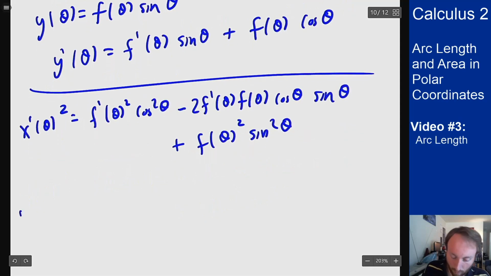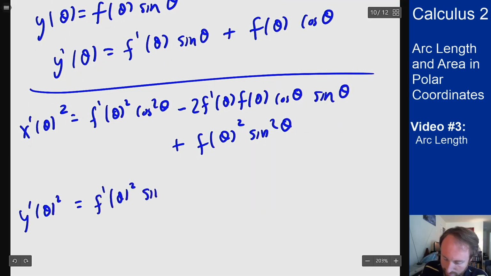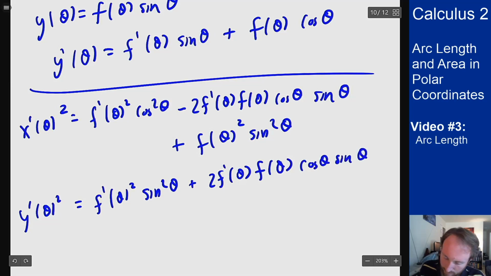We then have that y prime of theta squared is going to be f prime of theta squared sine squared of theta plus 2 f prime of theta f of theta cosine theta sine theta plus an f of theta squared cosine squared of theta.